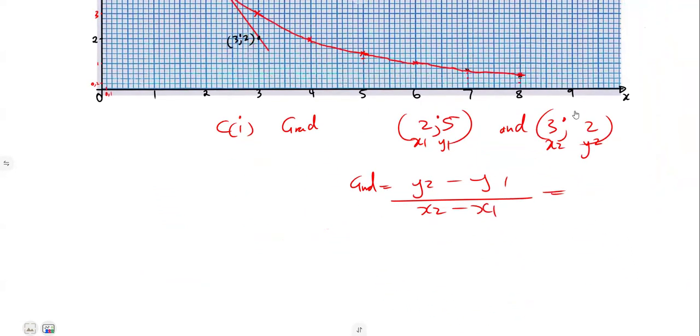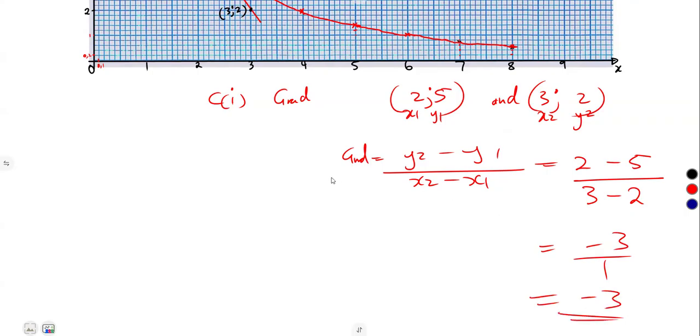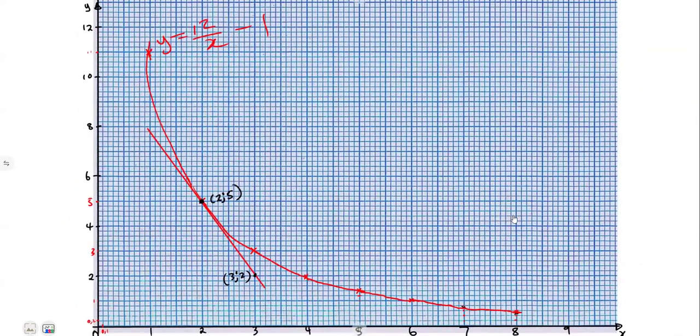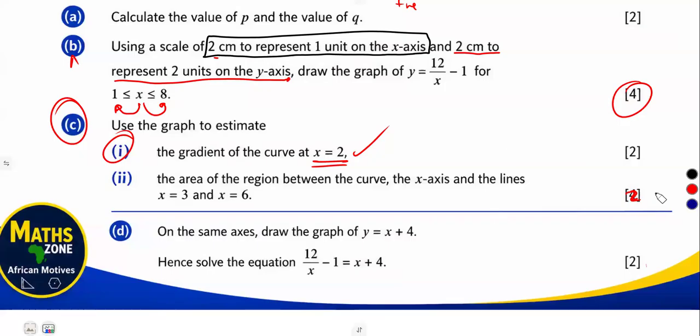So that's y2, which is 2, minus y1, which is 5, over x2, which is 3, minus x1, which is 2. So that was going to give us minus 3 over 1, which is minus 3. So that is basically the gradient of the given function where x is 2. Just like that, guys. Simply use 2 points. Okay.